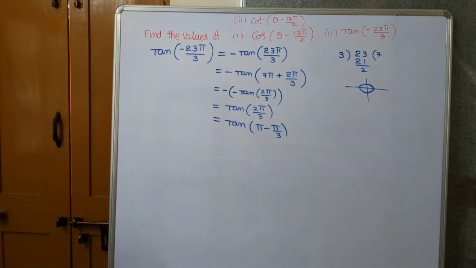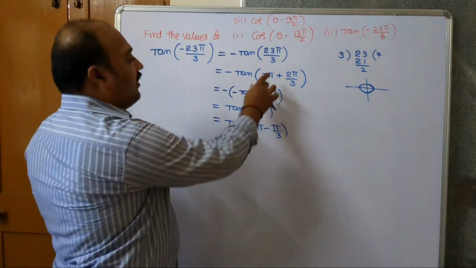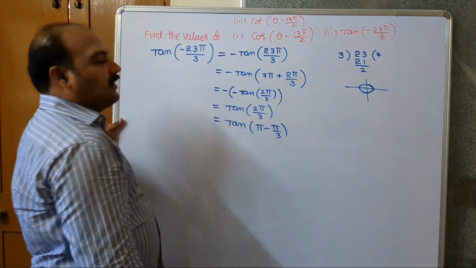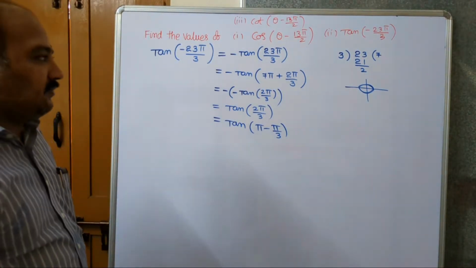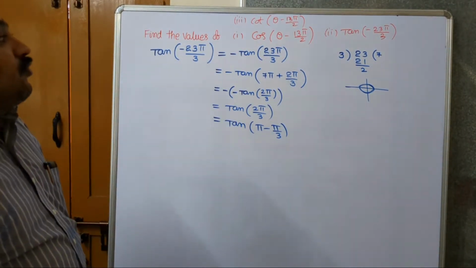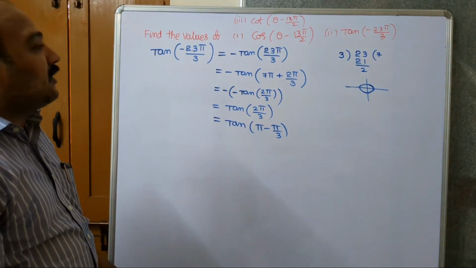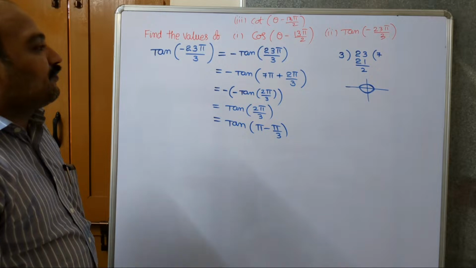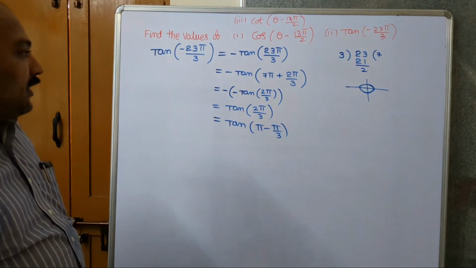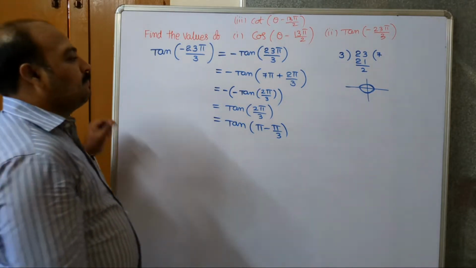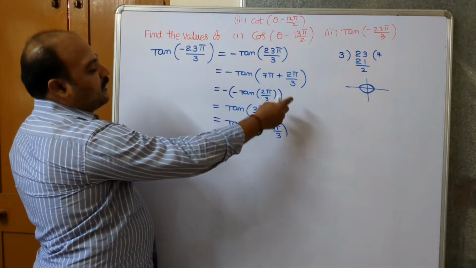Why we are not taking 7 pi here? More than 90 we cannot take. That will be considerable. If we take as 5 pi, what happens? 3 5s is 15, 8 pi will come. No? 7 3s is 21 pi. So 2 pi by 3 means pi minus pi by 3.